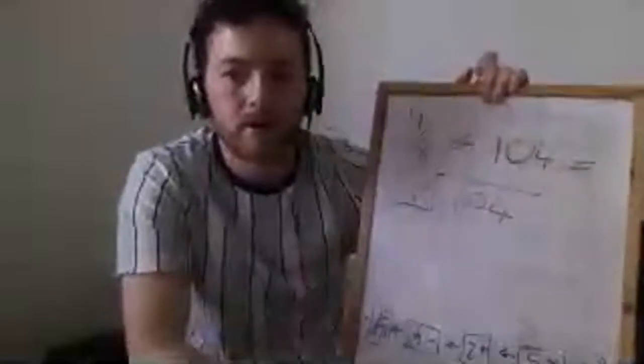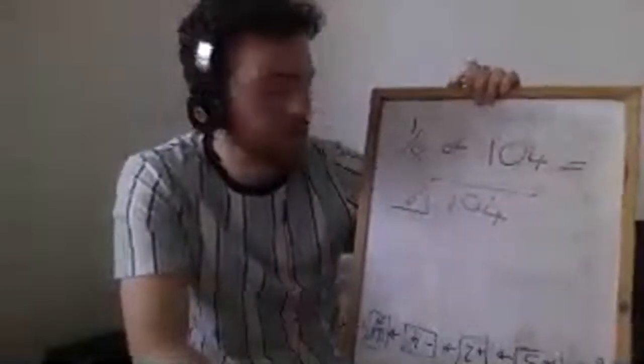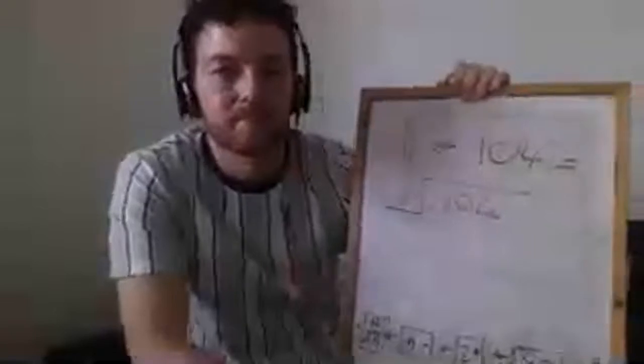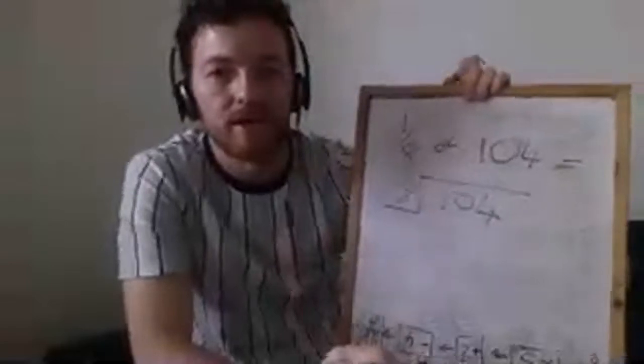So if you're finding fractions of amounts, we know 8's going to go here. We're going to put 104 in the bus stop, and you're going to run it through. See how we do. So this is 1/8 of 104.